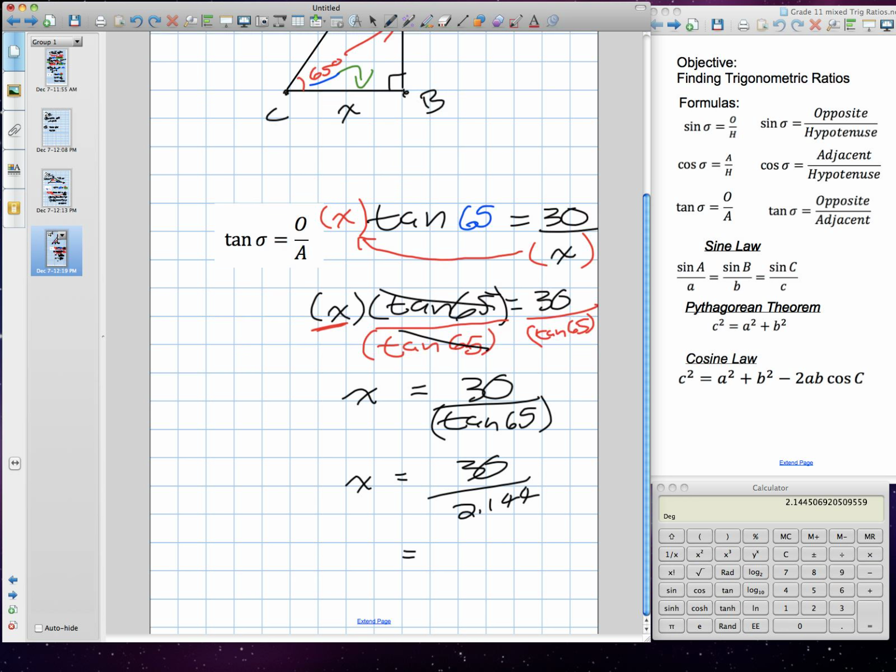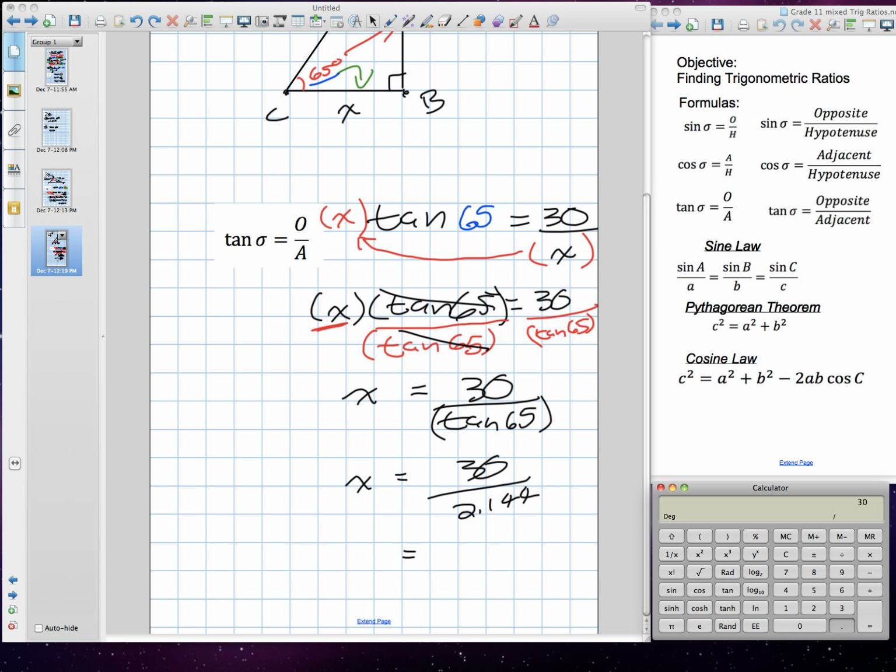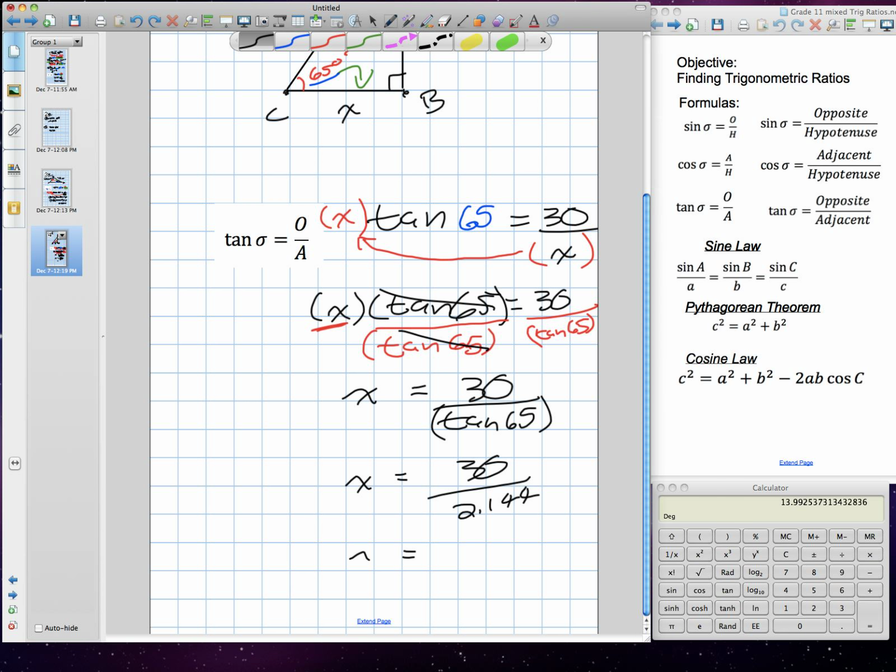Give me 1 sec. 13.99, or we're going to round it to approximately 14 meters.